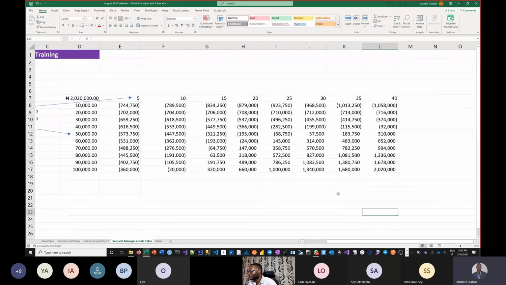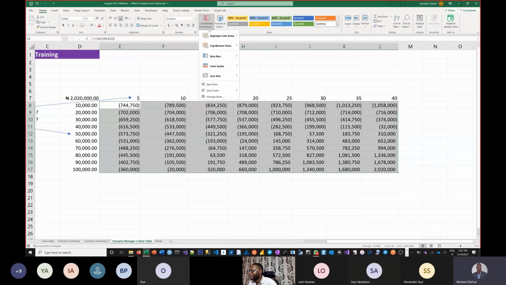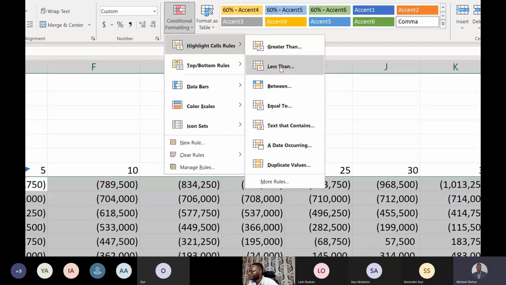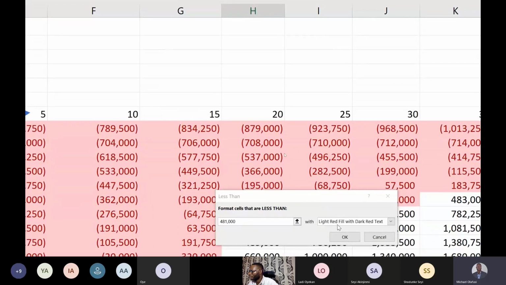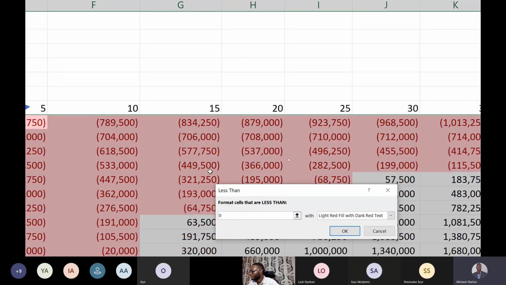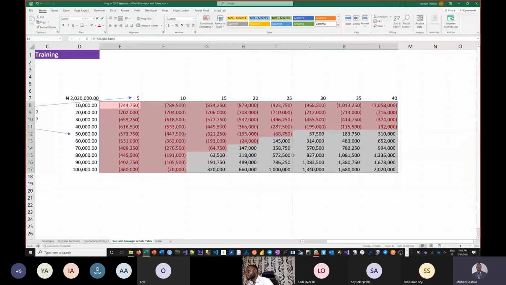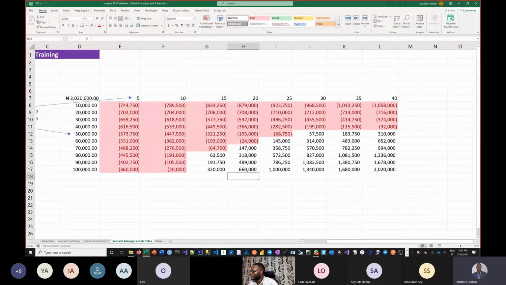So you see it's showing me that, in fact, I can quickly put a conditional formatting and say anywhere that we make a loss, any combination that is a loss means we are making less than 0, right? Any combination that is less than 0, you should put it in red for me. Okay, so voila. Instantly, I begin to see our profit-making combinations.